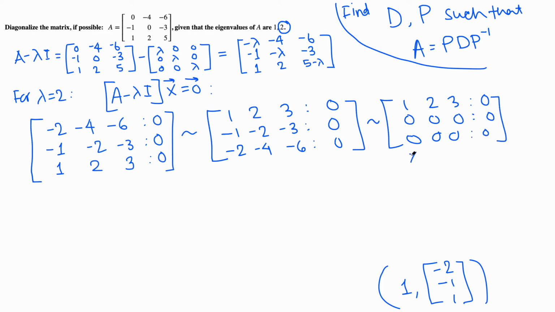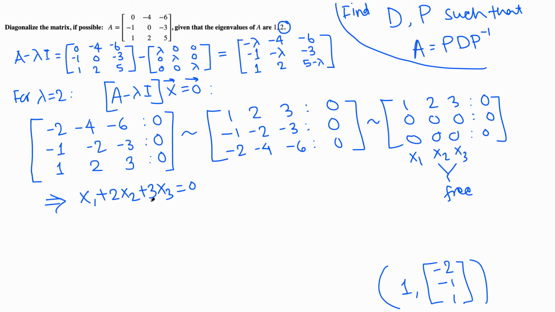So this is x1, x2, x3. So we got the reduced row echelon form. Only one pivot here. So x2 and x3 are both free variables. Now from the first row, that's the only non-zero row, we get 1x1 plus 2x2 plus 3x3 equals 0.